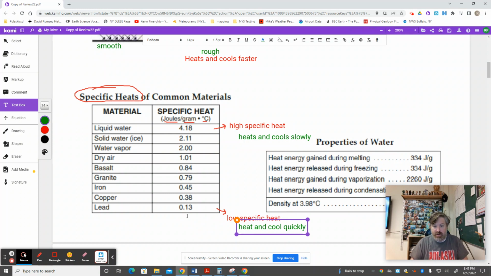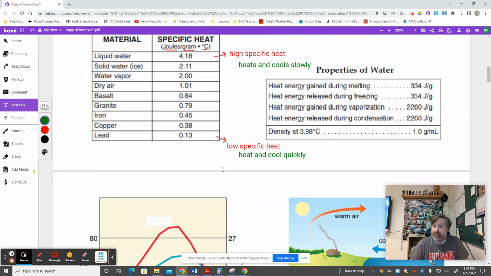It only takes a tenth of a joule to make a gram of lead go up by a degree C, whereas it takes 4 and 1/10 to make water go up by that much. Huge difference. Yeah?